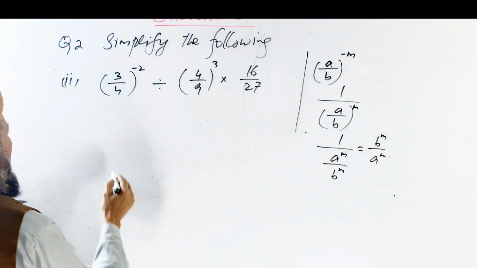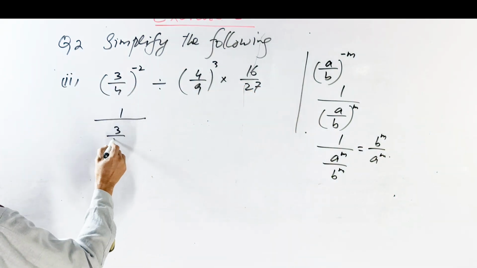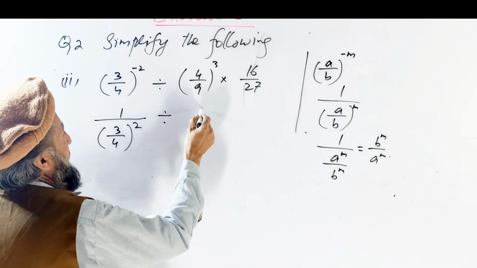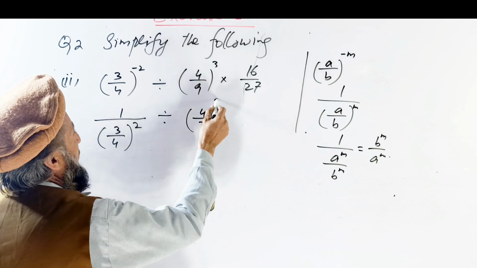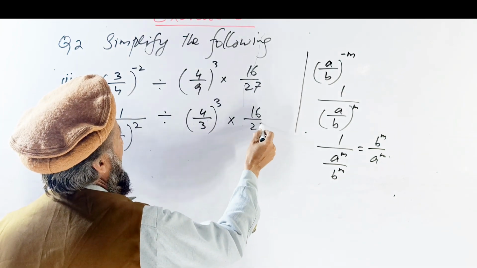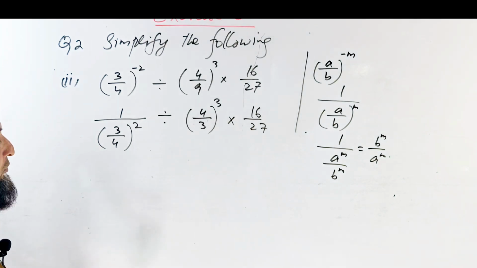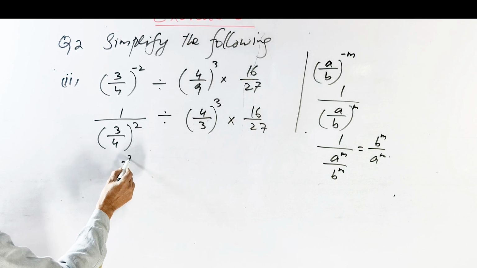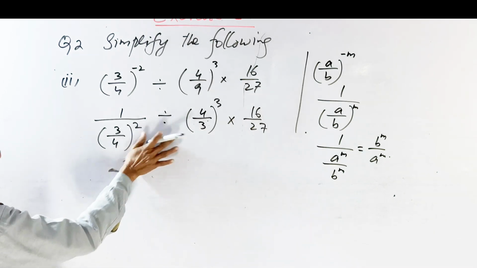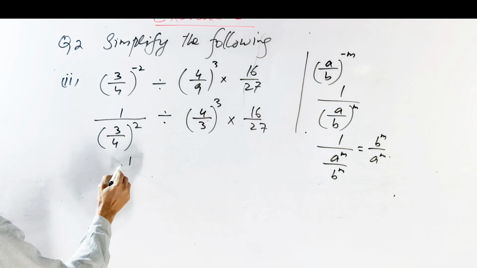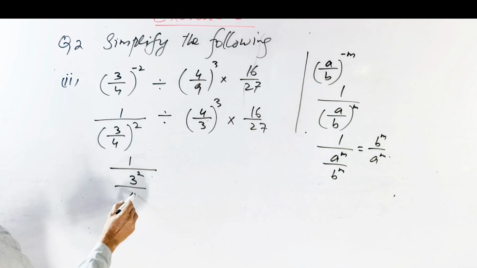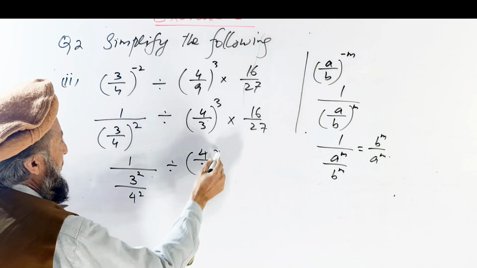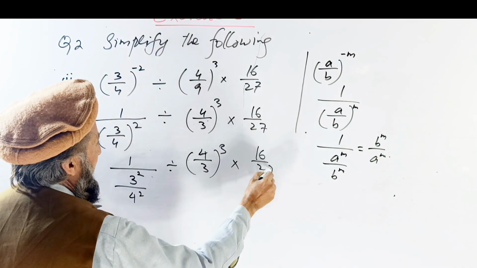According to these rules, we apply here 4 by 3 whole power minus 2 into 16 divided by 27. The 4 goes up, so first we change this result to 3 square over 4 square, and 4 by 3 whole cube into 16 divided by 27.